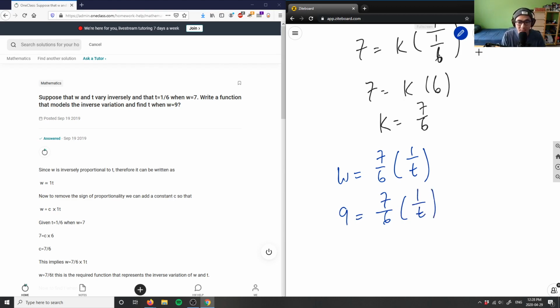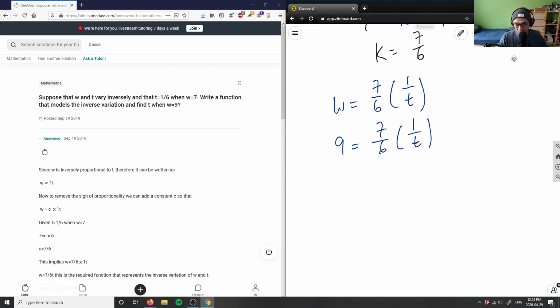We can divide both sides by 7/6 in order to get rid of this term. So instead of multiplying, I'm dividing. So you can say 9 divided by 7/6 equals 1/t. Let me pull up my calculator and do this really quickly. 9 divided by 7/6 gives me 54/7. So 54/7 equals 1/t.